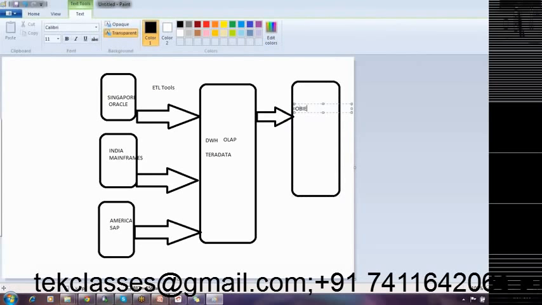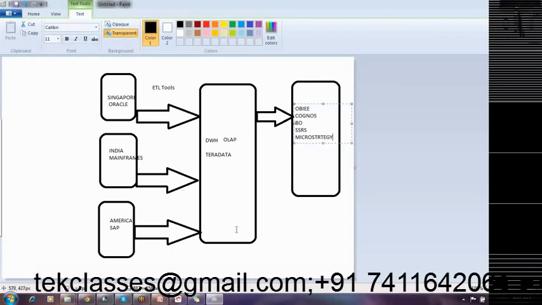All these reporting tools or BI tools will read the data from your data warehouse and generate the reports. You also have SSRS and MicroStrategy; all those BI tools will be used to generate the reports. And ETL tools are the different tools which will be used to integrate the data.